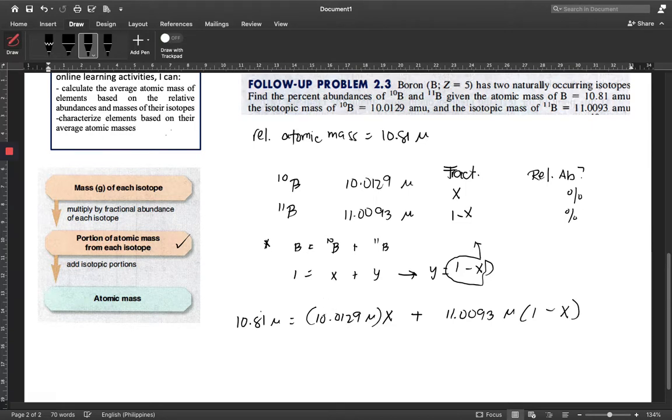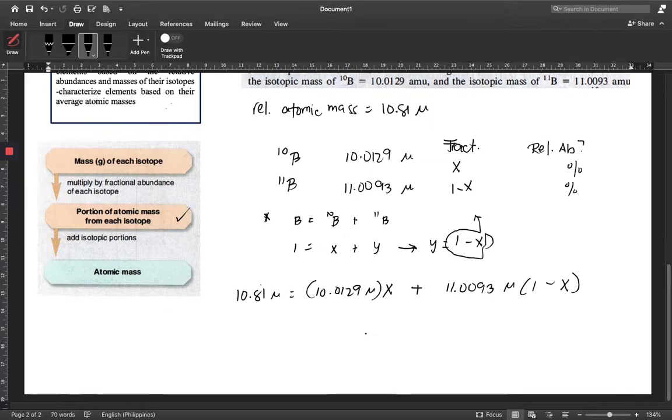So this is how it goes now. We are taking into account the contributions, or the weights, for each particular isotope. And if we simplify this, this is still 10.0129 amu times x.